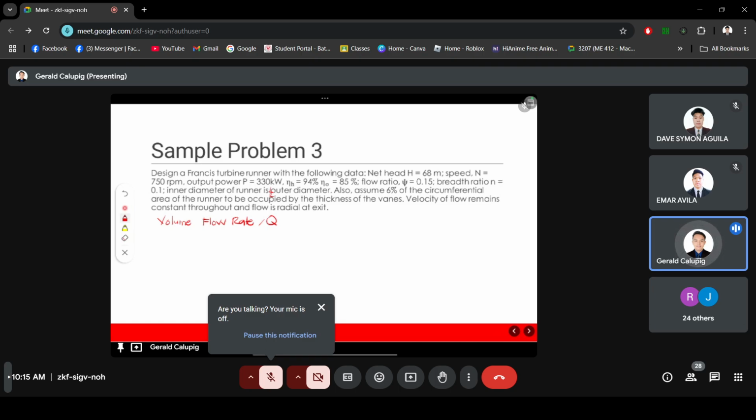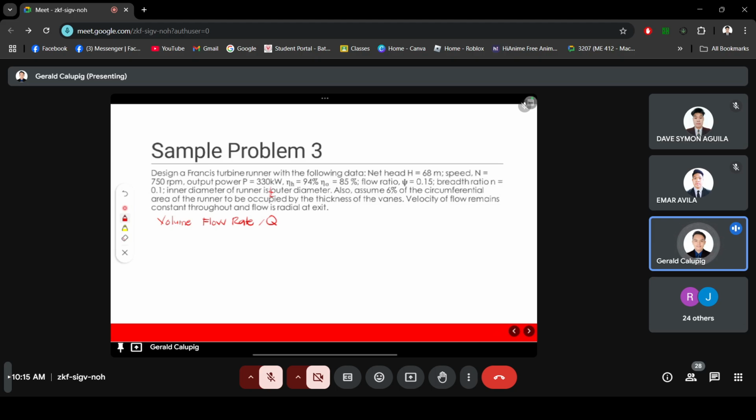Paano natin kukunin ang value ng Q? Let's use the relationship of the power output to the fluid power or the hydraulic power by using the formula of our overall efficiency.